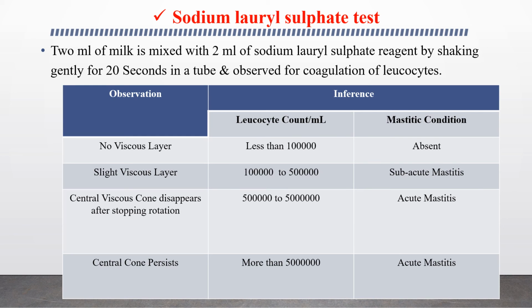Somatic cells can be estimated by using sodium lauryl sulfate test. It is a presumptive determination of somatic cells, and the severity of mastitis is based on increase in viscosity of milk on addition of sodium lauryl sulfate solution in milk. 2 ml of milk is mixed with 2 ml of sodium lauryl sulfate reagent.